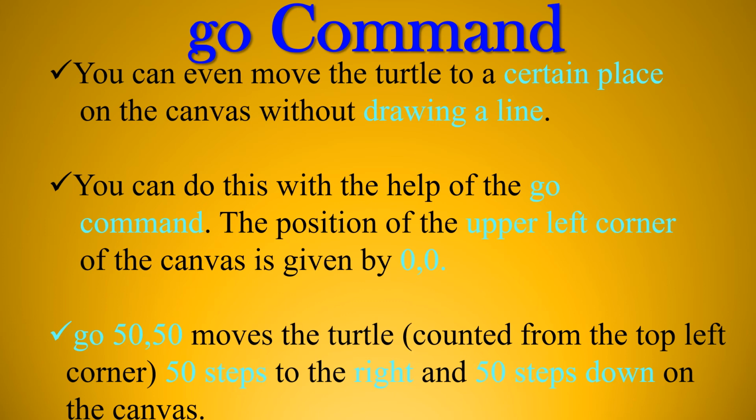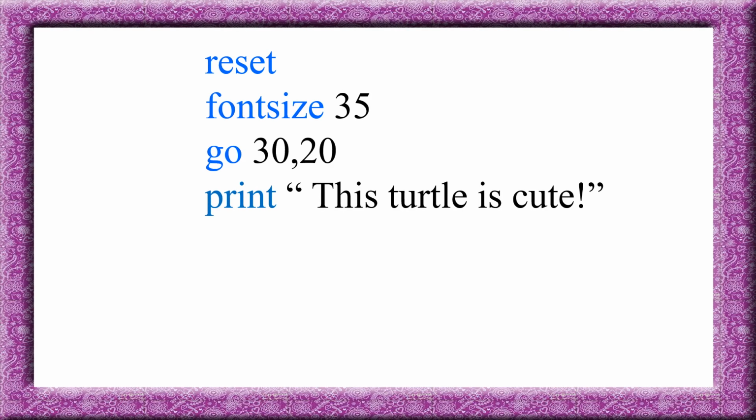Let us see the example for go command. First command is reset. We already know the use of the reset command. It is used to clear all the drawings on the canvas and brings the turtle back to the center of the canvas. Next, font size 35 units. Using font size, you can set the size of the text as 35 units.